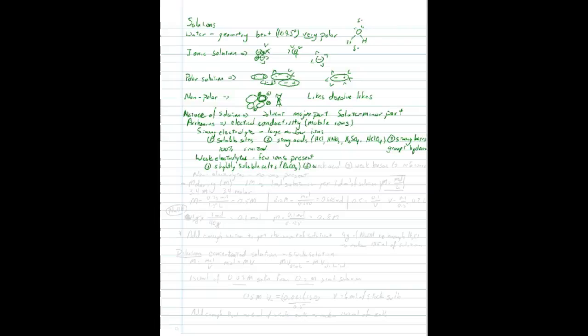Also, weak acids. Weak acids are all acids except for the 4 strong acids, and weak bases. And those are all bases except for group 1 hydroxides. So it's pretty cut and dry. You only have a very small percent ionized, so it's 5 to maybe 10% ionized.